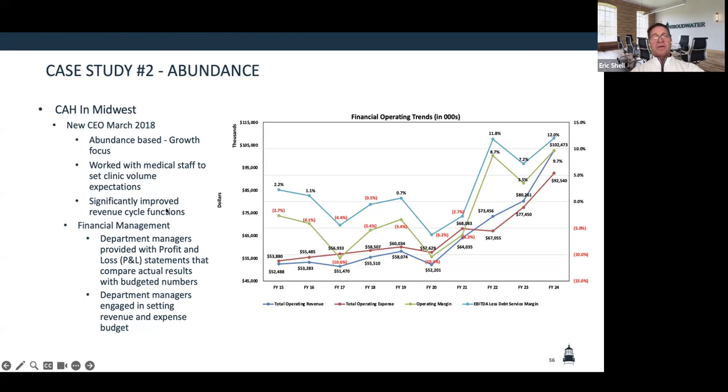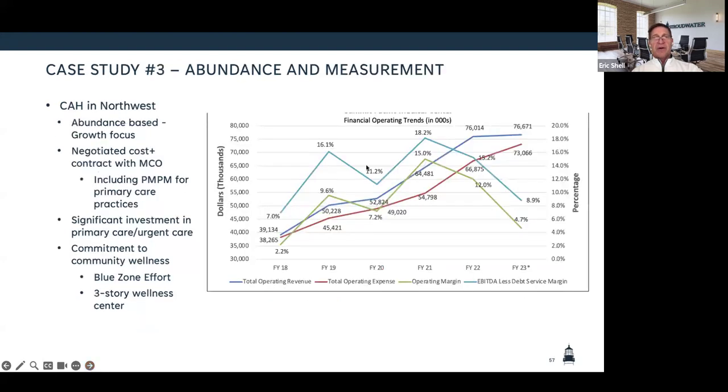He just worked with the medical staff, growth focused. This gentleman leads with the concept that we are a provider-led organization. He's got probably six medical staff paid medical directors, and created a whole budget process that they rolled out. So they created a measurement culture and extraordinary performance.